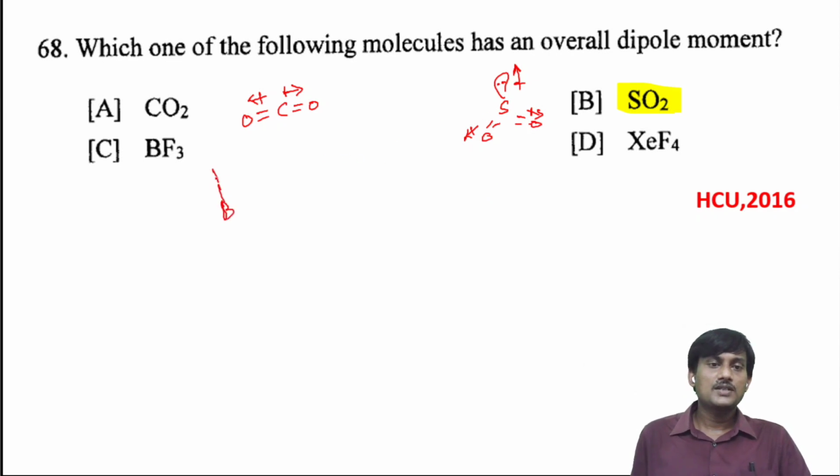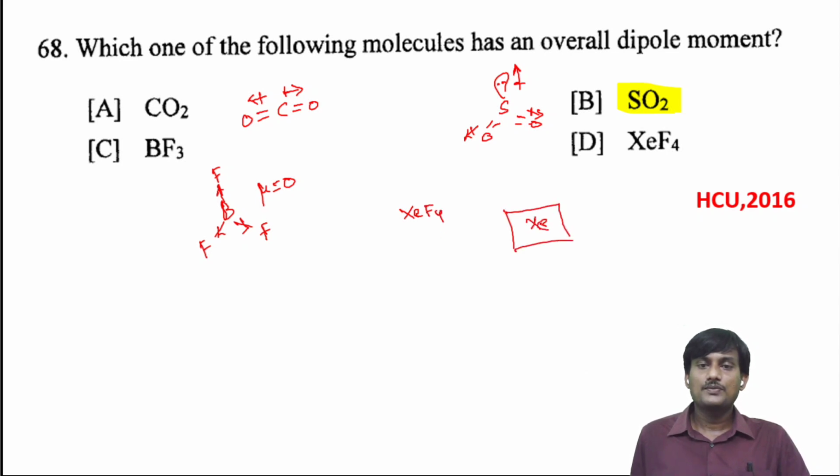BF3 is trigonal planar, and here there is a cancellation of individual bond moments. So here mu is equal to 0. And XeF4, this is the shape of XeF4. Here we have lone pairs of electrons and the fluorines, square planar.